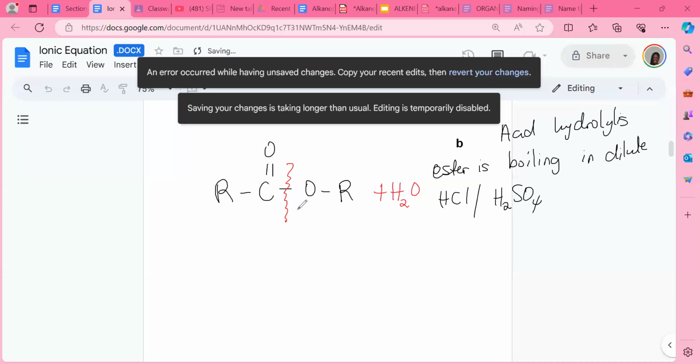When the ester reacts with water, to the acid part, I'm going to add OH. And where the O is, we're going to add H.